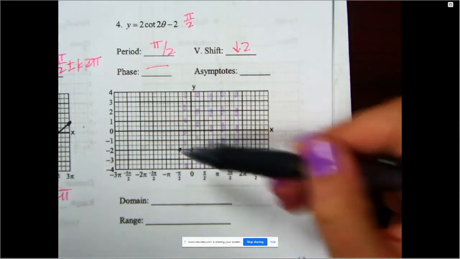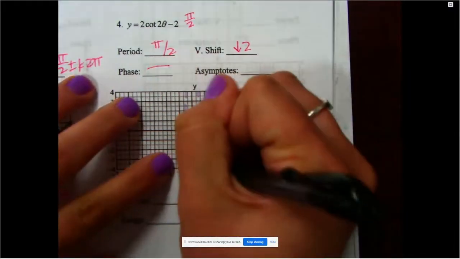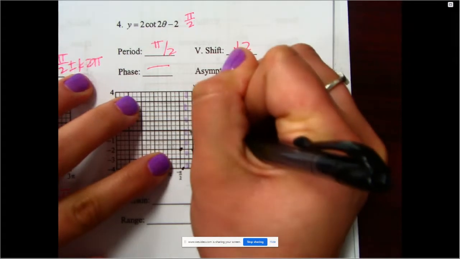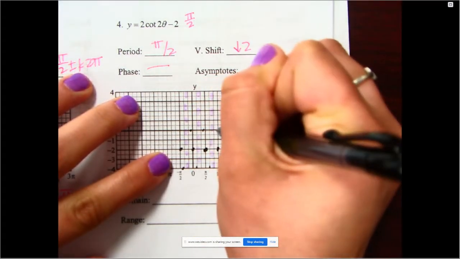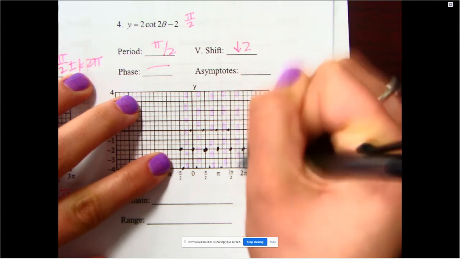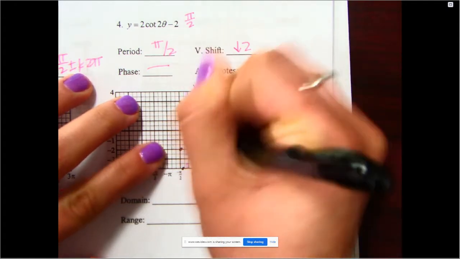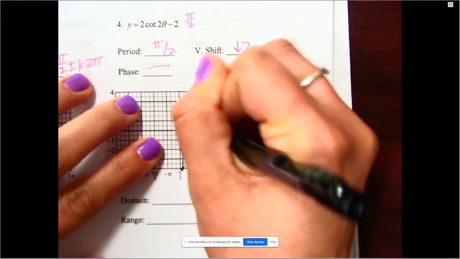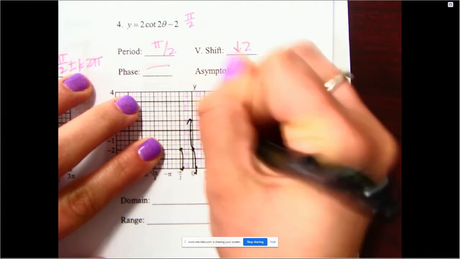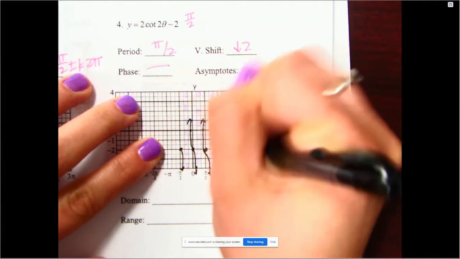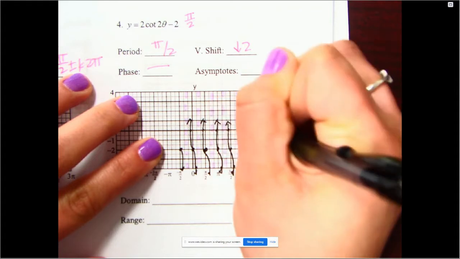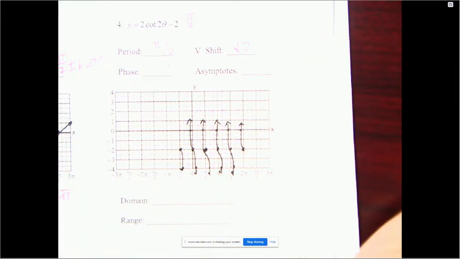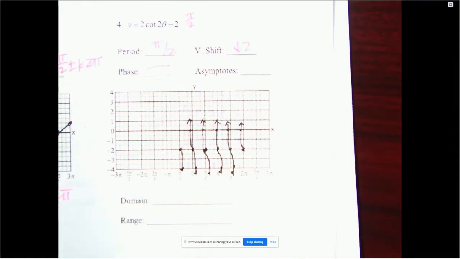So up on the left, down on the right, and make sure you go up and down 2. Little baby girl. And again, you can draw that across your whole graph if you want to.